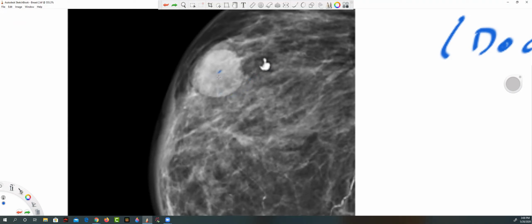Look at the inside of this cyst here. See all this structure? You notice how it's continuous with the outside structure?